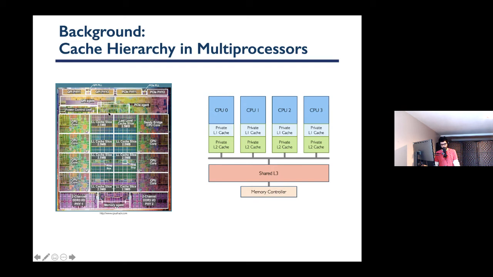There is a ring, as you can see, that connects all of them. So you still have some sort of NUMA kind of effect. If this CPU wants to access some slice of last level cache that is here, it's going to be fast. But if it is here, it's going to go through this interconnect and then come back to it, which might be a little bit slower.